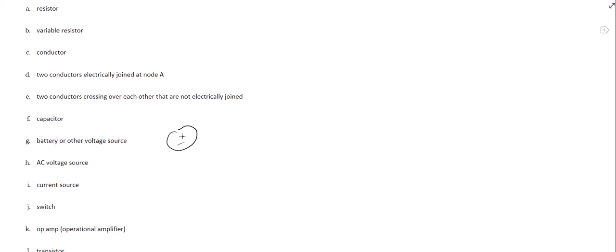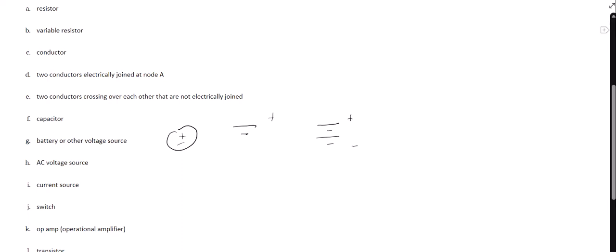But you will also see this, where the long line indicates that's the positive side. And you will also see this, which is the same, just this is the positive side and this is the negative side. You will see all of those, and there's another symbol that you might see, but all of those would be a voltage source.